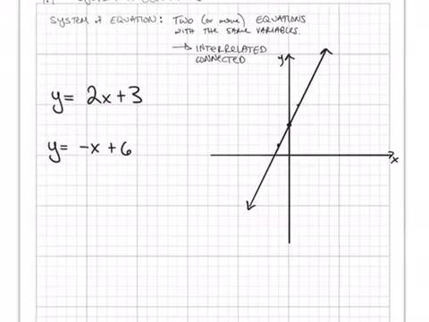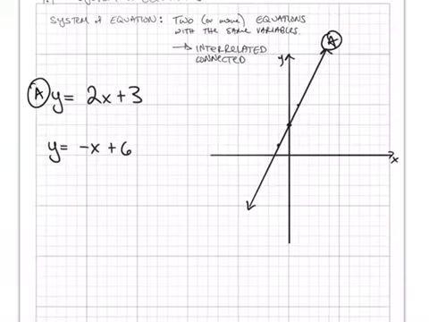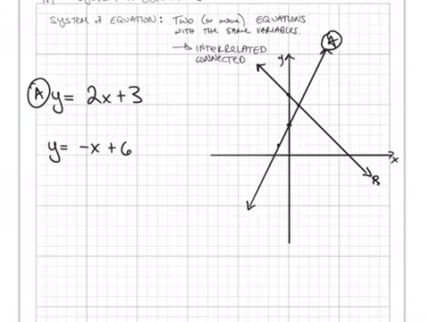And maybe I'll go ahead and label that one equation A. And this can be equation A. And the next one has a slope of negative 1 and starts up at y equals 6. Okay, so I'll make a graph of that one. And that line we can go ahead and call line B to match with equation B. If it helps you to put these in color, we could put them in color.